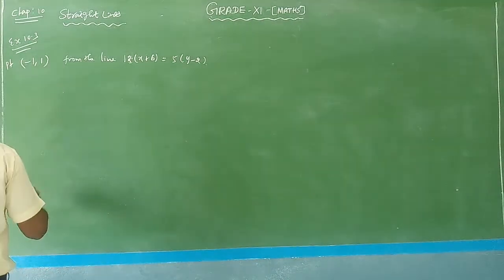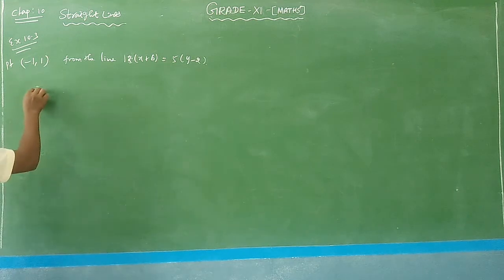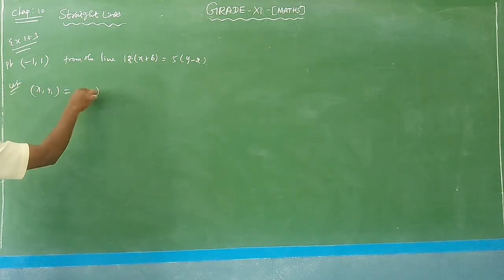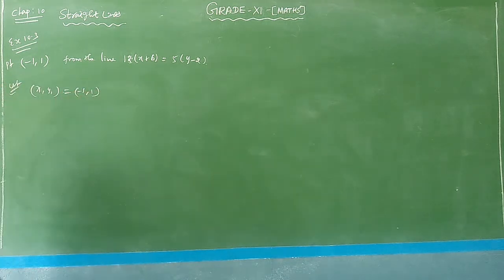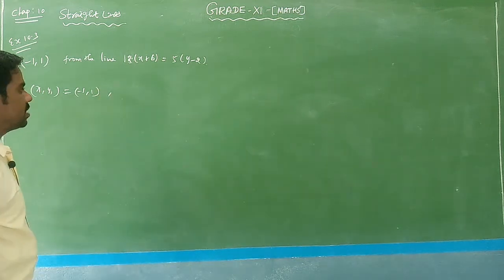Okay, right. The point is (x1, y1). Let (x1, y1) be (-1, 1), and the line is 12(x + 6) = 5(y - 2).